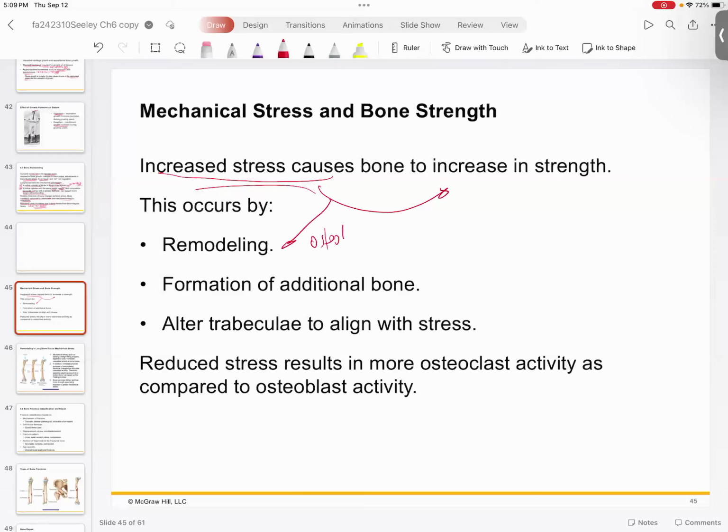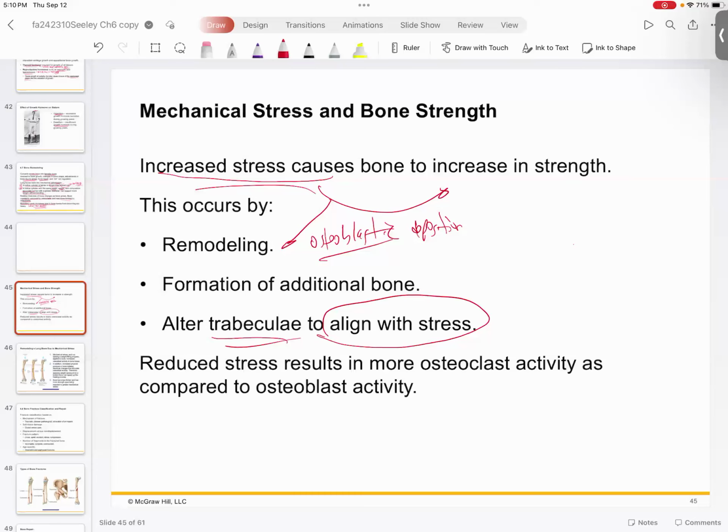What you're really triggering there is the osteoblastic deposition of bone. So you're going to deposit more bony material and add additional bone, and this is going to thicken up your trabecula, and it's going to remold your trabecula to align with those lines of stress, so that you meet that stress force head on, and not side on.